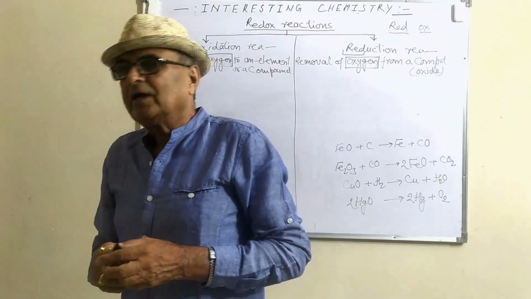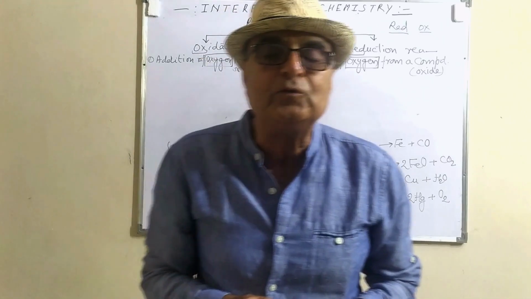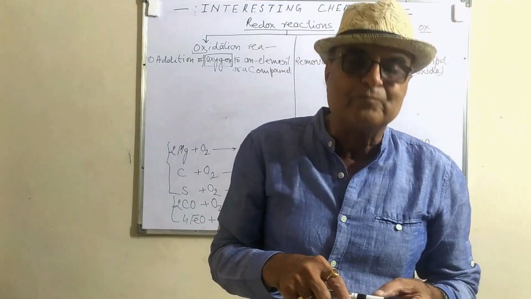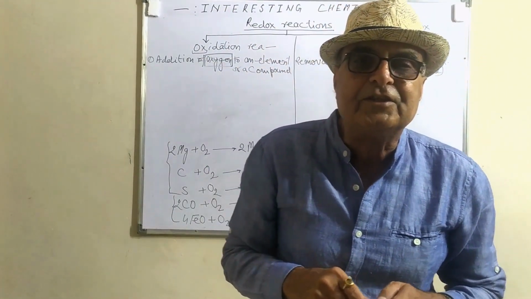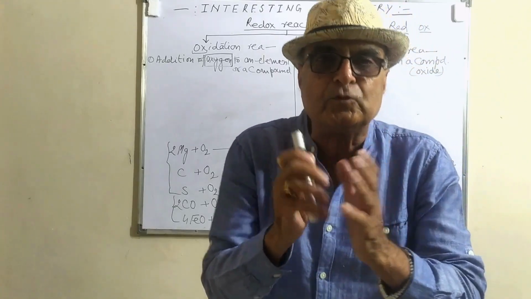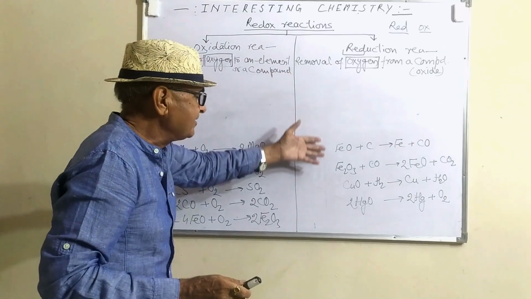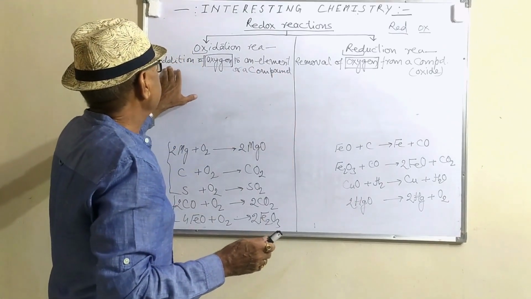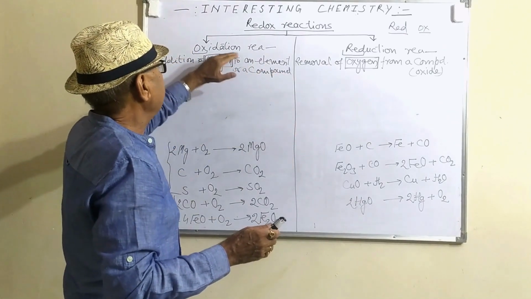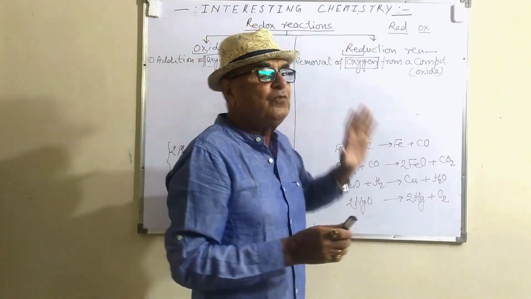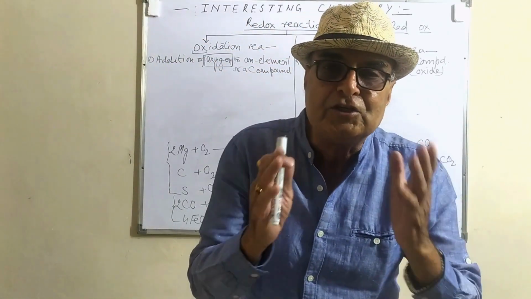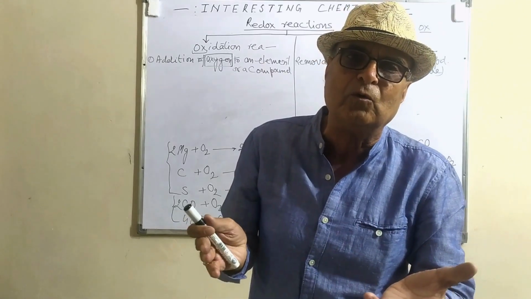Now, first of all, I want to tell you from where the then scientists came to know about this definition, that the addition of oxygen into an element is oxidation and removal is reduction.